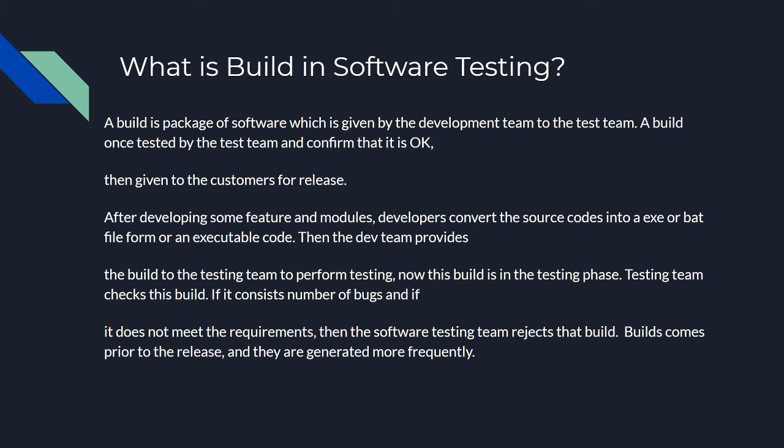So now this build is in the testing phase. The testing team checks whether this build consists of a number of bugs, and if it does not meet the requirements, then the software testing team rejects that build. Also, builds come prior to the release and they are generated more frequently.